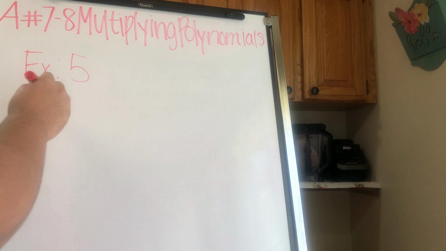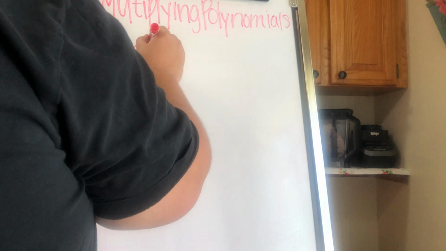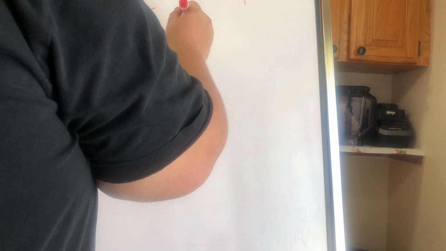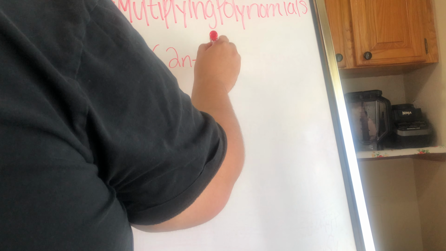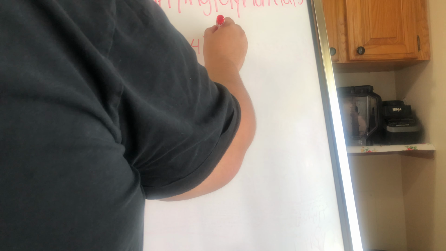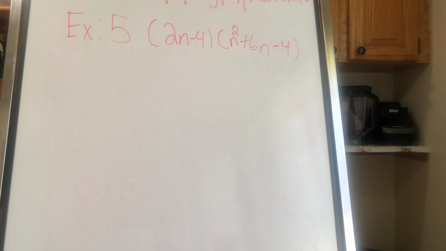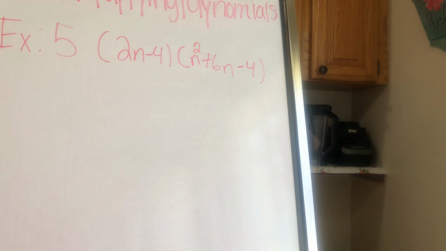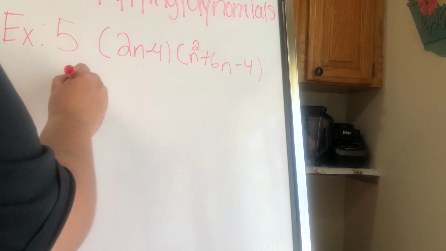You're going to have 2n minus 4 times n squared plus 6n minus 4. There is a difference. For this one, you can still use the box method, except the box is going to turn into a rectangle.